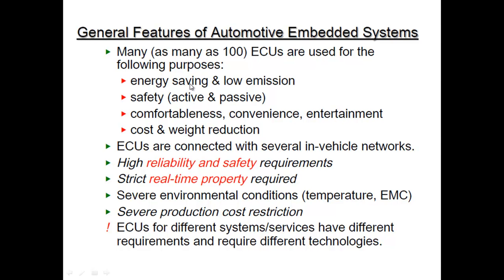So, general features of automotive embedded systems. As I told you, 100 ECUs are used for the following purposes. What are the purposes? First of all, energy saving, and then low emission, then safety, either active safety or passive safety, then comfortableness, convenience, entertainment, and mainly cost and weight reduction.